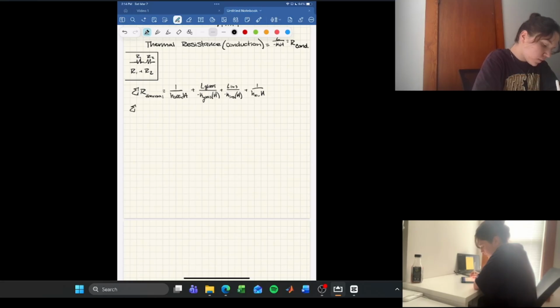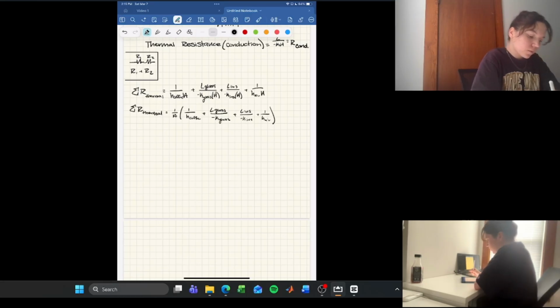So the thermal resistance is equal to 1 over the area times 1 over the h of the coffee plus the length of the glass over the thermal conductivity of the glass plus the length of the insulator over the thermal conductivity of the insulator plus 1 over the h of the air. And so this is the total resistance.